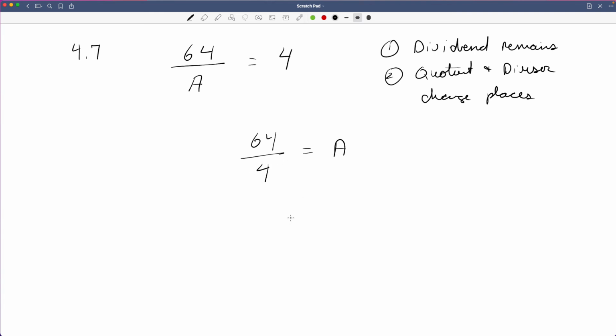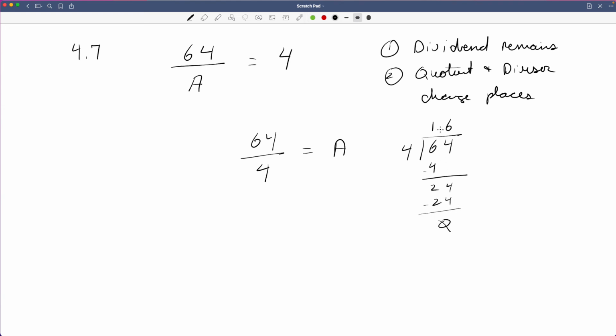And we can do that using long division. 64 divided by 4, 6 divided by 4, that's 1 time. Remainder of 2, bring down the 4. 24 divided by 4 is going to be 6. 6 times 4 is 24. And that is our answer.